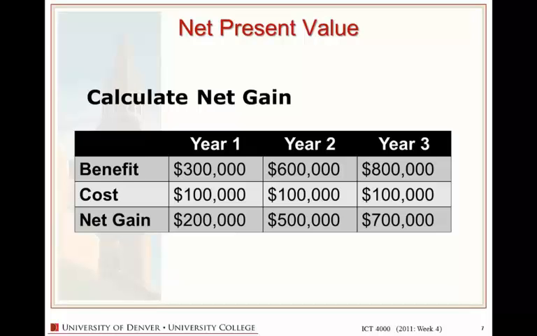The ongoing cost of this particular project is $100,000 in each of those 3 years. So the net gain is simply subtracting the cost from the benefit. So the net gain in year one is $200,000. Simple math. Net gain in year 2, $500,000. Net gain in year 3, $700,000.